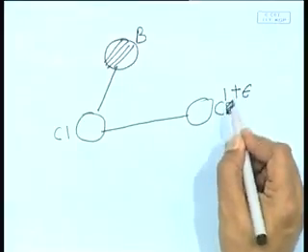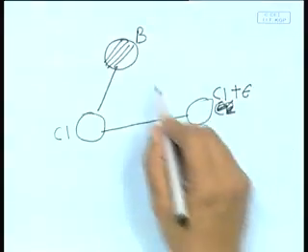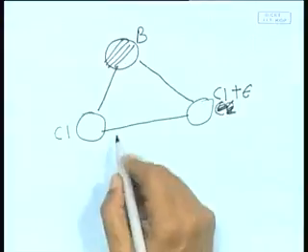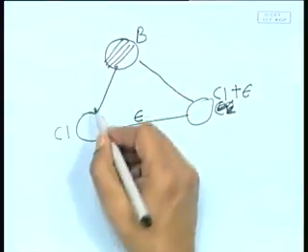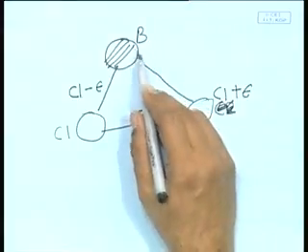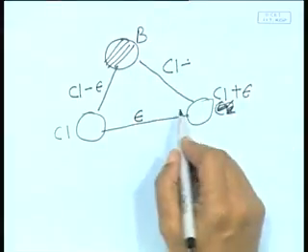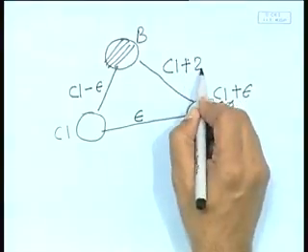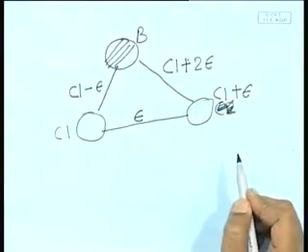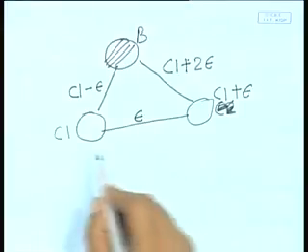That will simplify things. So we will use this clock's value as C1 plus epsilon, and the Byzantine clock will send here C1 minus epsilon, and to this it will send C1 plus 2 epsilon.